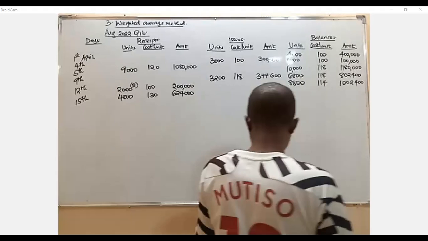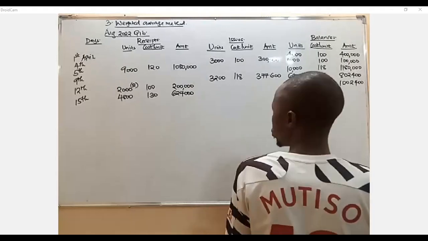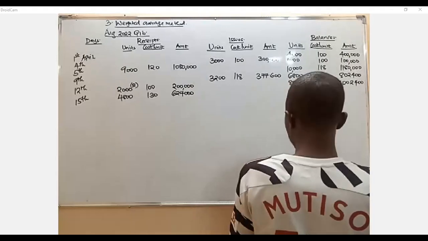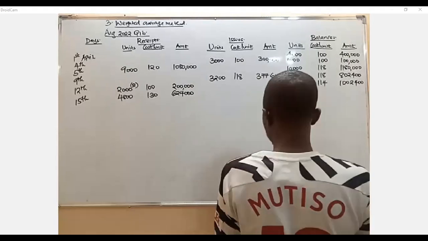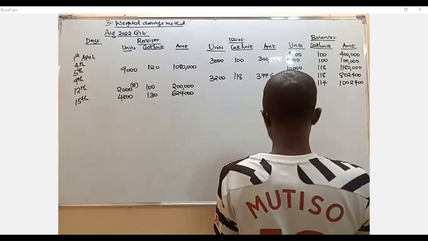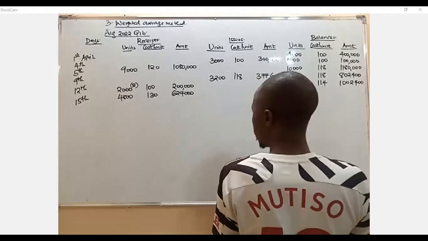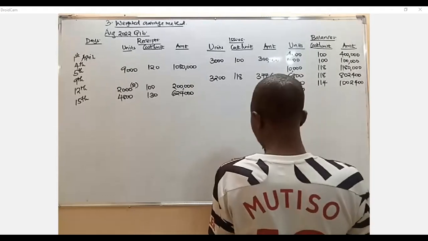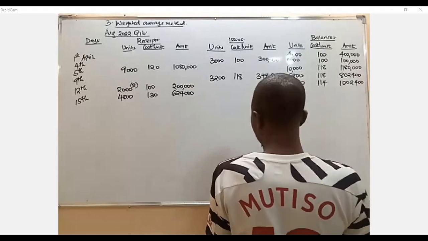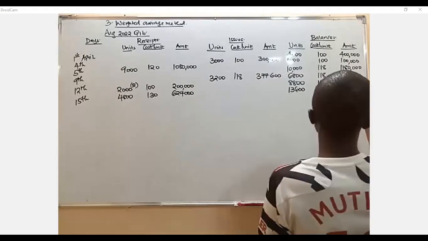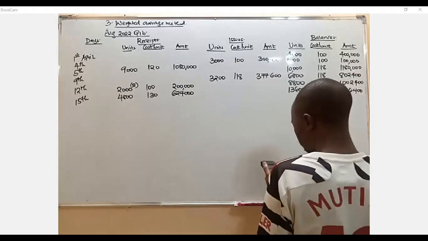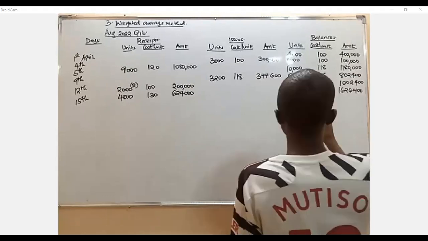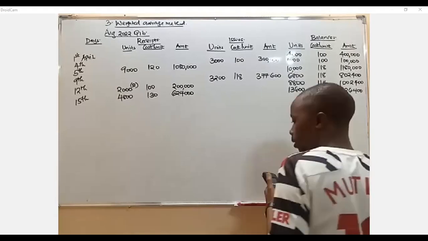So 8,800 plus 4,800, getting 13,600. 1,002,400 plus my 624,000. We are getting 1,626,400 divided by 13,600. We are getting 120.